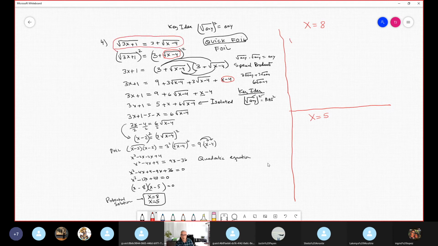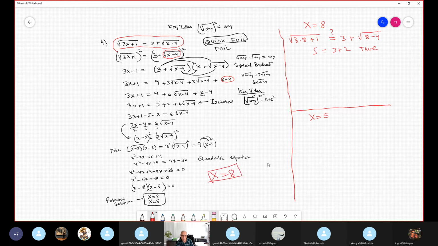It's square root of 3 times 8 plus 1, which should equal 3 plus something, because I'm not sure it's true always. 3 times 8 is 24. 24 plus 1 is 25. Square root of 25 is 5. 8 minus 4 is 4. Square root of 4 is 2. Oh, it's true.